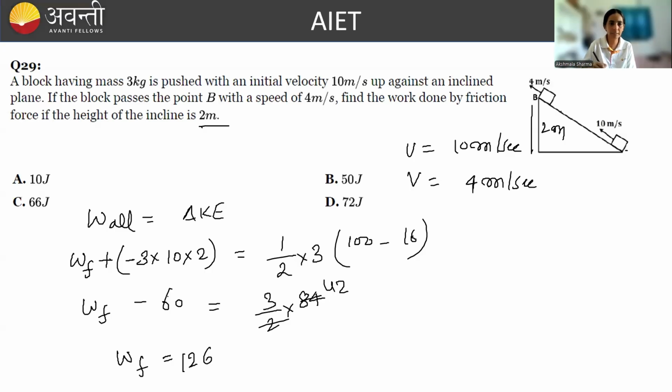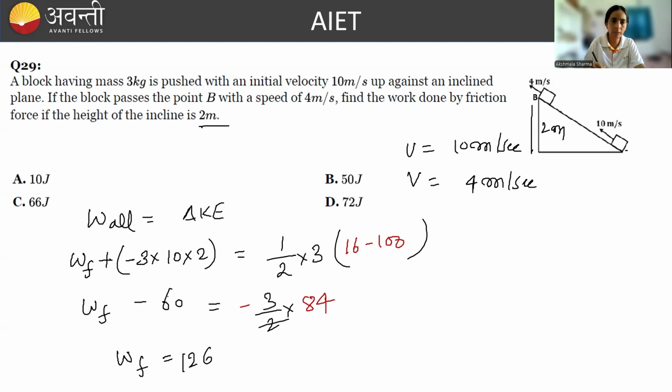Yes, one mistake we did in the sign. Change in kinetic energy we are calculating, so this is final kinetic energy minus initial. But I have written here initial minus final. So see, on a small mistake you can land up with a wrong answer. So here we need to write 16 minus 100. So this is minus 84. Okay.